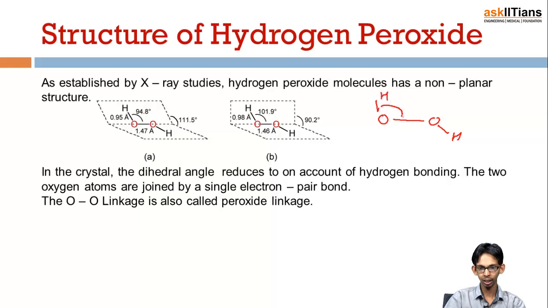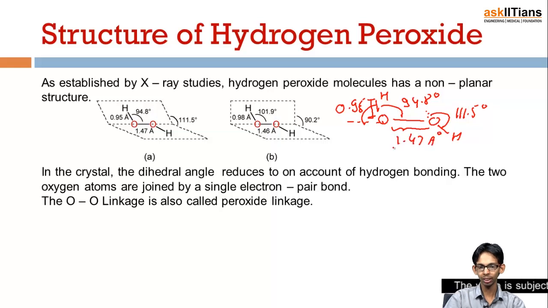This bond angle is 94.8 degrees, this bond length is 0.95 angstrom, and this bond angle is 111.5 degrees, and this bond length is again 1.47 angstrom. This was one structure.